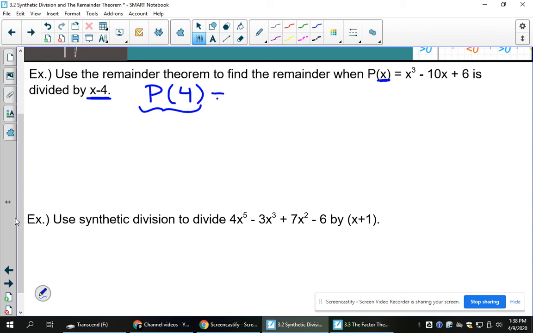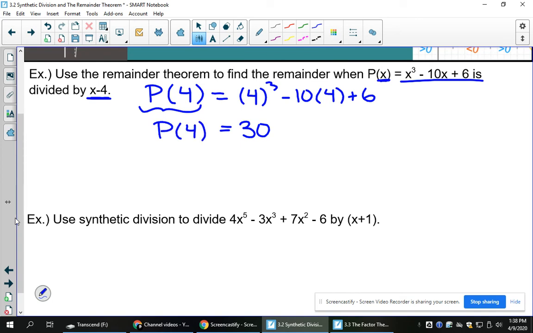if we get a y value that ends up being 0, we have an x-intercept. So let's see, if I put a 4 in this equation up here, it would look like this. If I evaluate that and put it in my calculator, I get a number of 30.